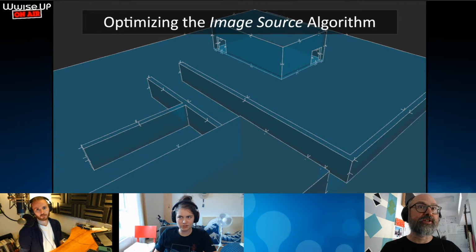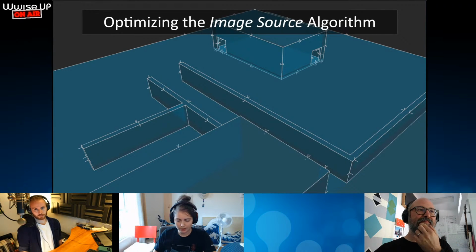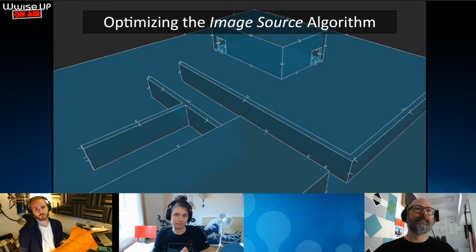As a general rule, you could think of it as growing exponentially. The number of image sources grows exponentially as you go to a higher order. But then it depends on whether those paths are found.